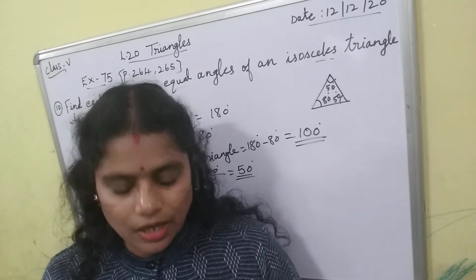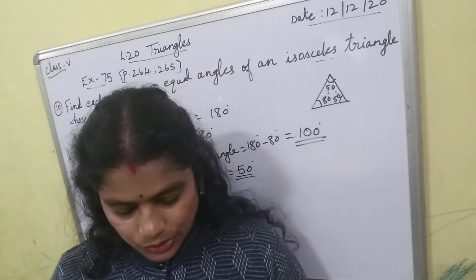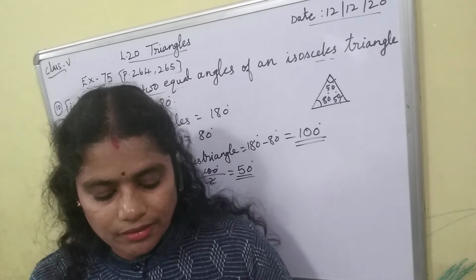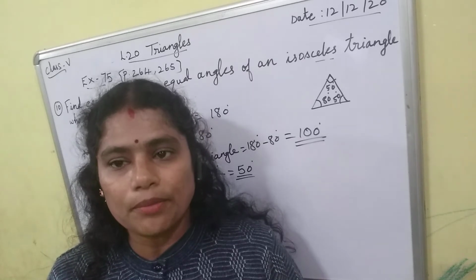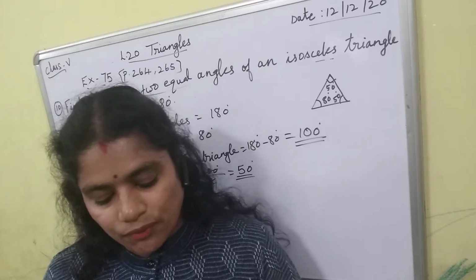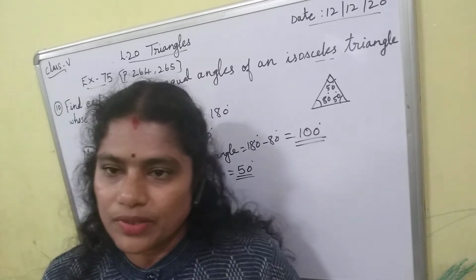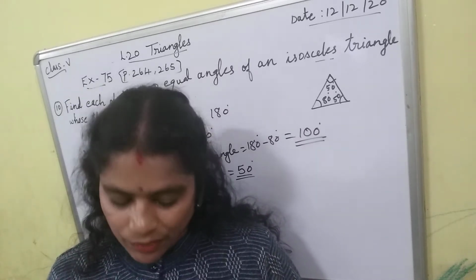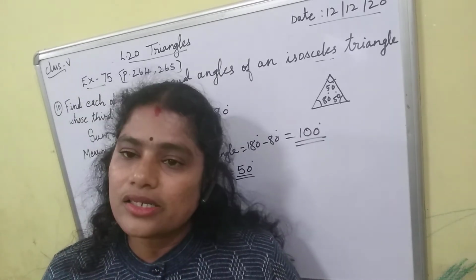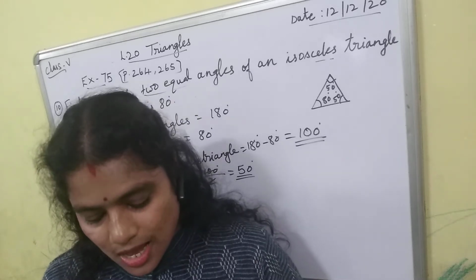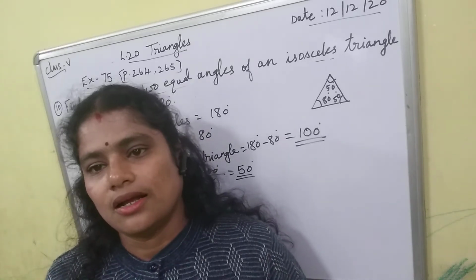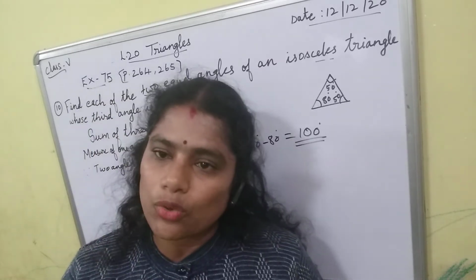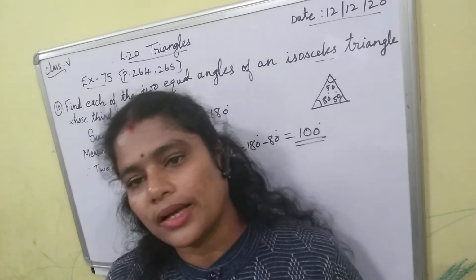According to that we have to find out these questions. In the first one, in triangle ABC, if angle A equals 55 degrees and angle C equals 45 degrees, triangle ABC is dash. You have to find the angles first and then fill in the blanks.